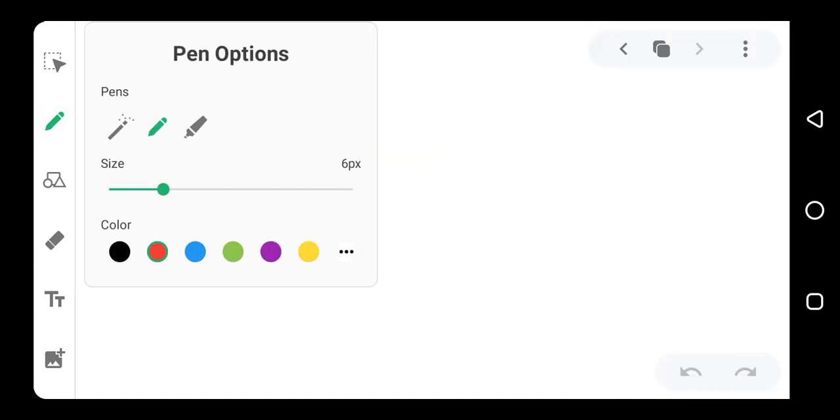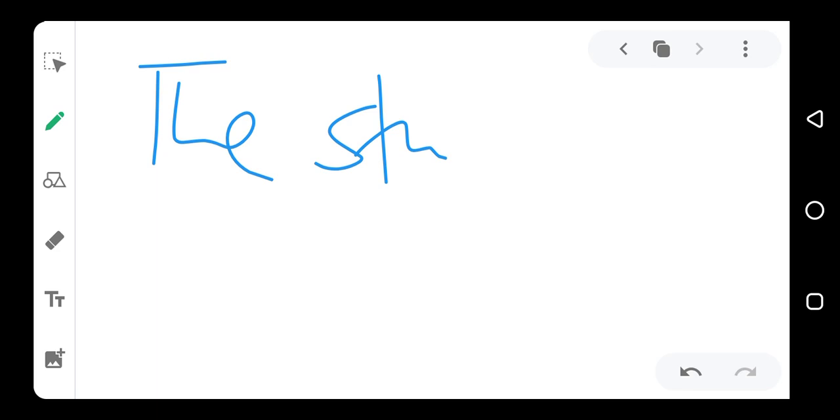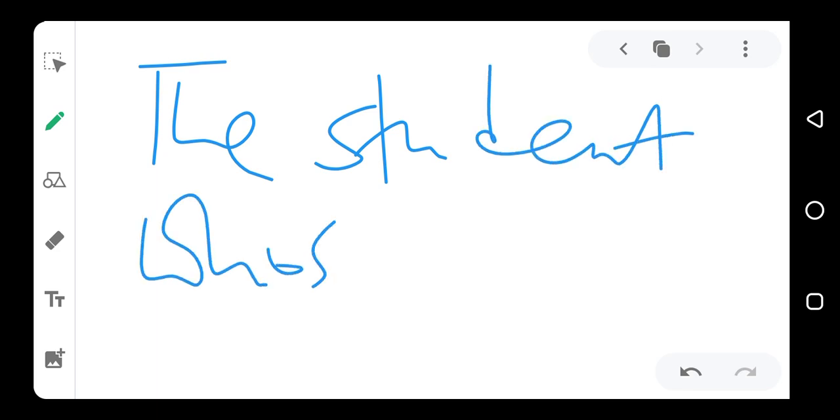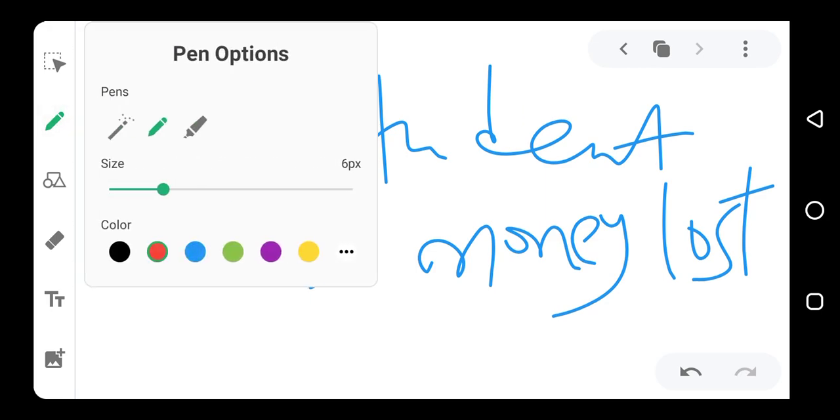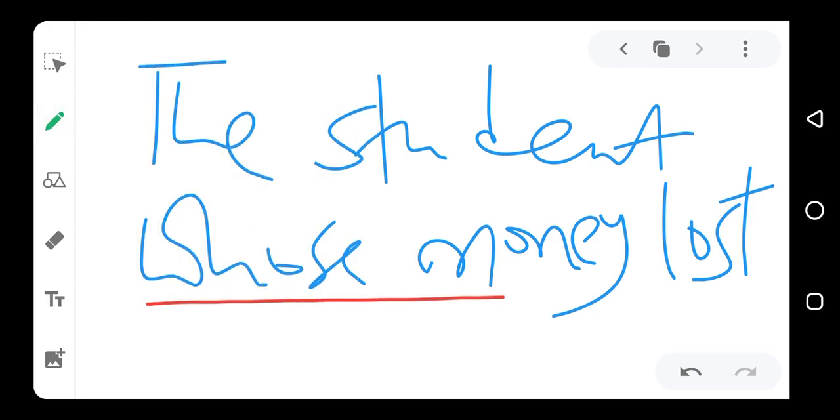Another example, if we have the student whose money lost, and if this part of the sentence is highlighted, whose money lost, and we are asked to identify this part of the sentence.